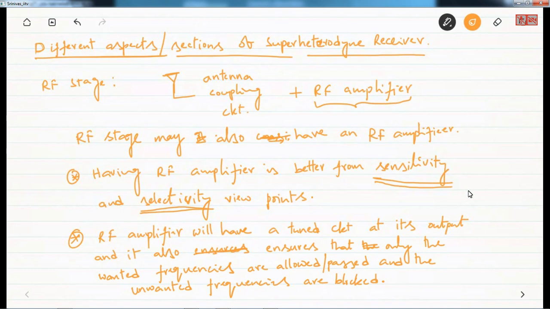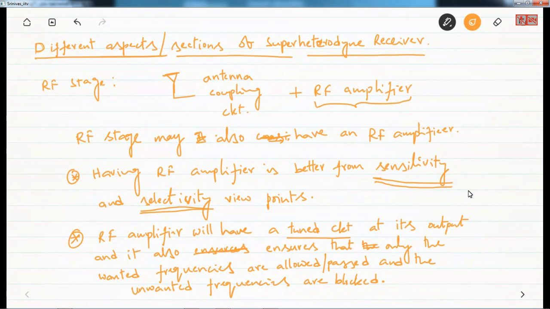So having two band pass filters, even if some unwanted signal escapes the initial tuned circuit, there is another tuned circuit offered by the RF amplifier, and so your selectivity increases. You won't pass any undesired signals into the mixer input. So this is the necessity and functionality of the RF amplifier.